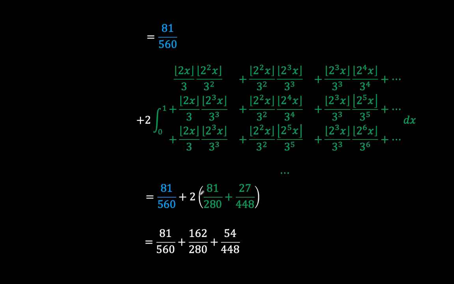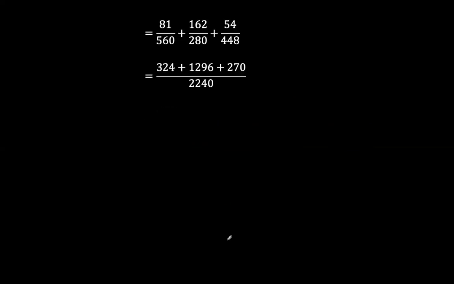By multiplying 2 across, we have 162 here, and 27 times 2 is 54. So the LCM there is 2240. And that means that now in the numerator, we have 324 plus 1296 plus 270, which is 1890 over 2240. The zeros cancel out. We have 189 over 224.